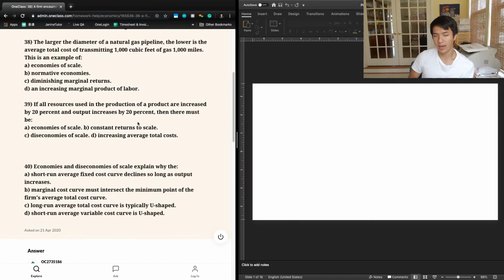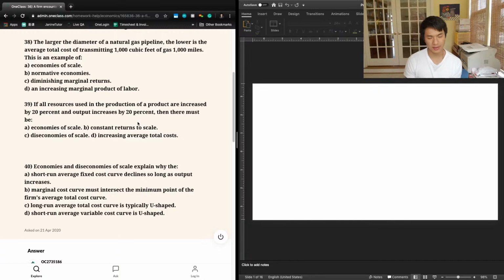And so here, again, we see that an increase in diameter of this natural gas pipeline, which we can maybe assume is symbolic of increasing output level, is going to lower the average total cost of transmitting the cubic feet of gas.